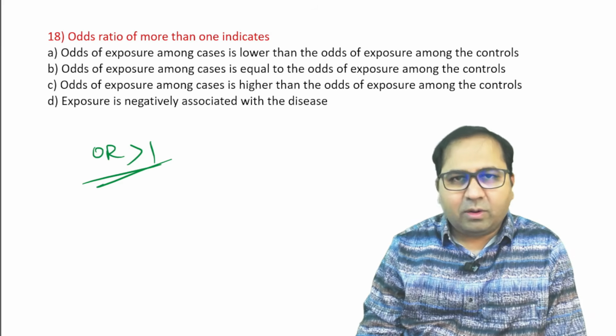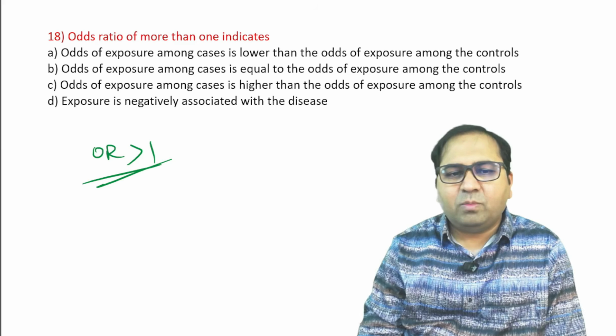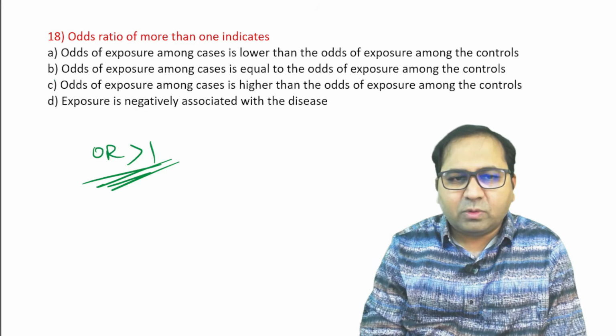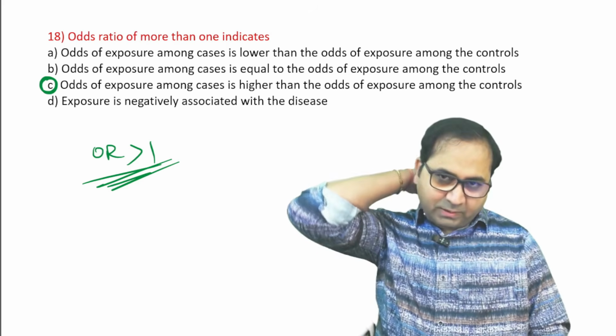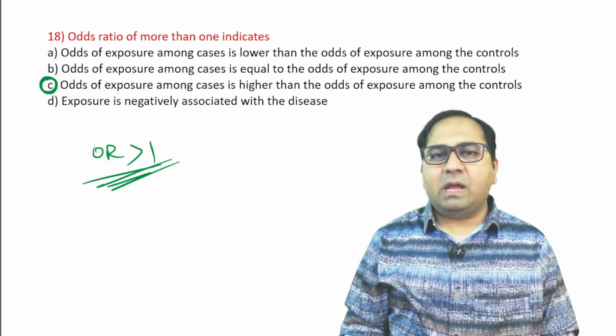It is a simple question and also a simple answer. Odds ratio more than 1 indicates that the odds of exposure among the cases is higher than odds of exposure among the controls. So please remember the question and the answer.